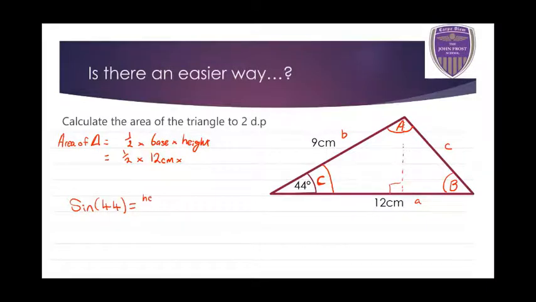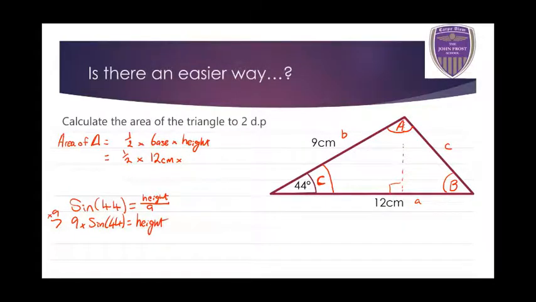So equals height over, and then the hypotenuse of the triangle would always be this other side here, B. So it would always be 9. We always had to rearrange this. So instead of height divided by 9, we multiplied both sides by 9. So we had 9 times sine 44, and this equaled our height.